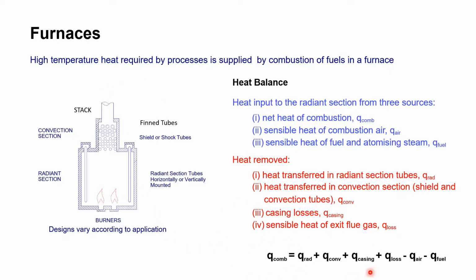So in the end, we can use a simple energy balance: the heat of combustion is equal to the heat from the radiant section, plus the heat taken from the convection section, plus the heat lost through the casing, plus the heat that goes through the stack in the flue gas, minus the heat that goes in, which is Q air plus Q fuel. That's it.